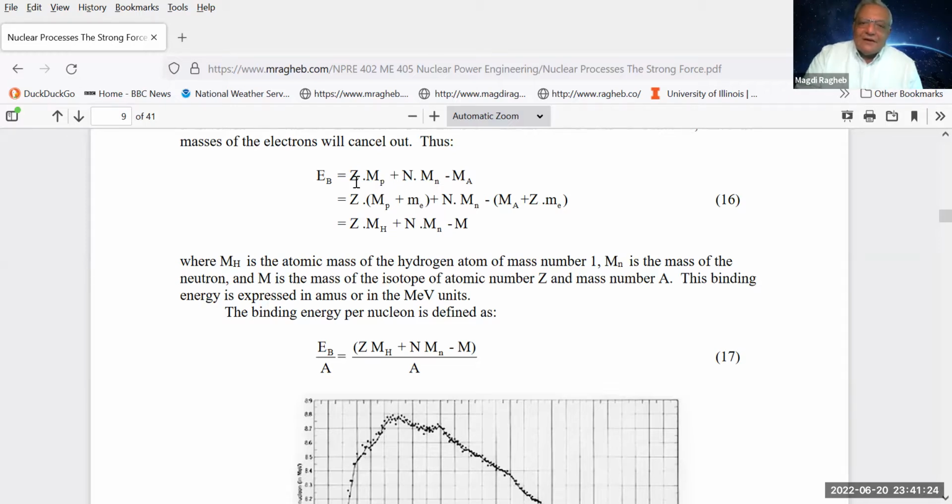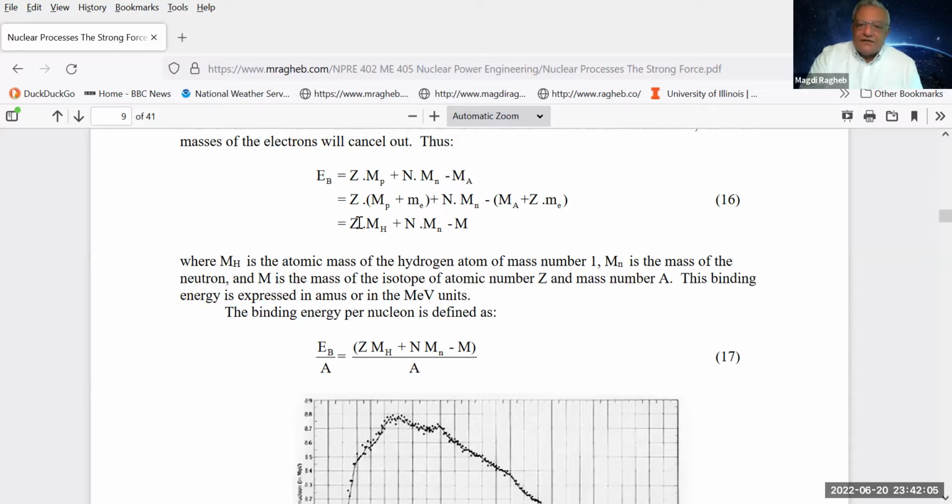If you add Z, the mass of Z electrons, Z multiplied by m_e, and then subtract from it the atomic mass itself of the neutral atom, which is M sub A plus the mass of the electrons, you'll find that Zm_e and minus Zm_e cancel out, and we are entitled to use the masses of the neutral atoms because the masses of the electrons cancel out. Remember, the chart of the nuclides gives us the masses of the neutral atom, meaning the mass of the nucleus plus the mass of the electrons.